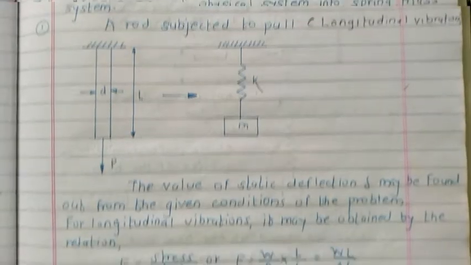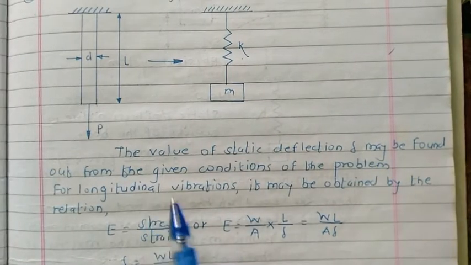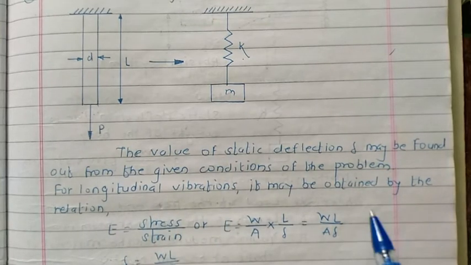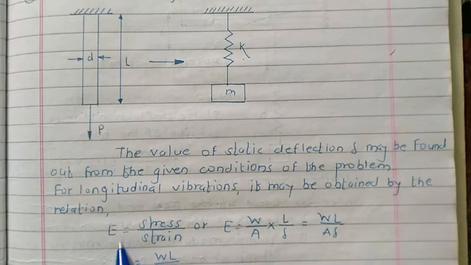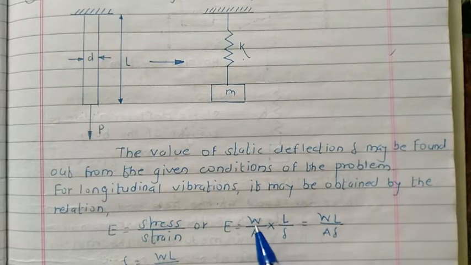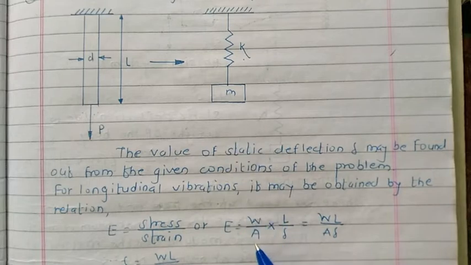Now the value of static deflection delta may be found from the given conditions of the problem. For longitudinal vibrations, it may be obtained by a relation. We know that E is stress divided by strain. Stress is force per unit area, so we get force in terms of self weight divided by cross section area.